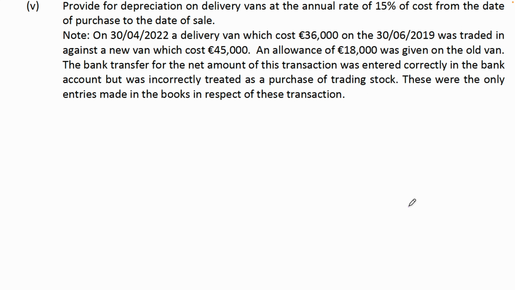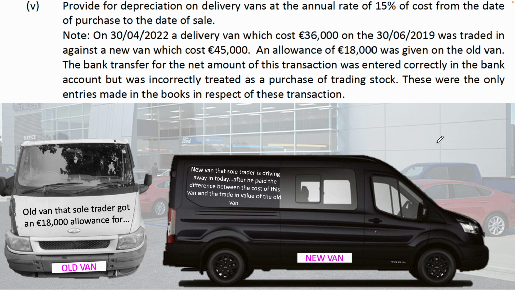Okay, so quite a few things we're going to have to do here. We're driving in an old van and we're getting an allowance of 18,000 from the Ford garage or whoever it is, and we want to drive out in this new van. So we need to record that we traded in an old van for a new van.